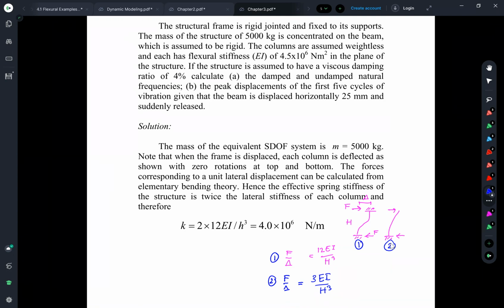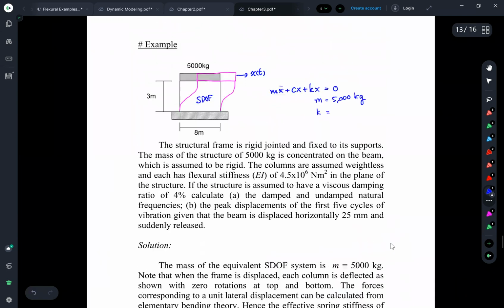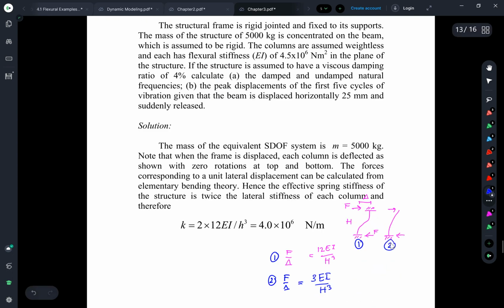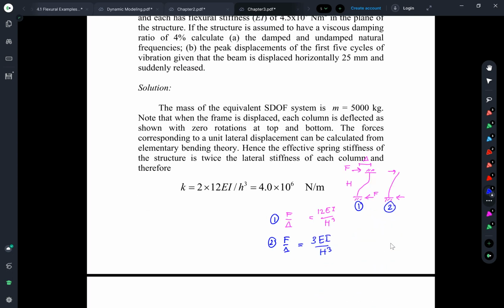But in this case, the system looks like you have a very rigid mass beam. Therefore, the slope of the top of the column can be assumed to be fixed, right? No rotations. That's why you can assume number 1, the shear mode.